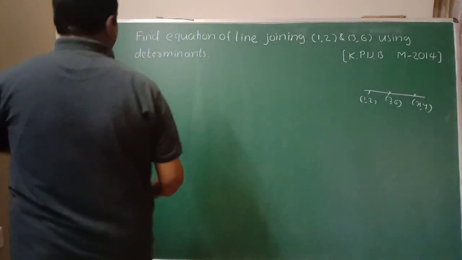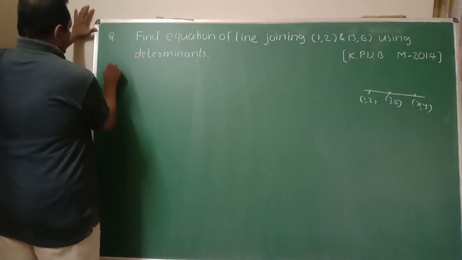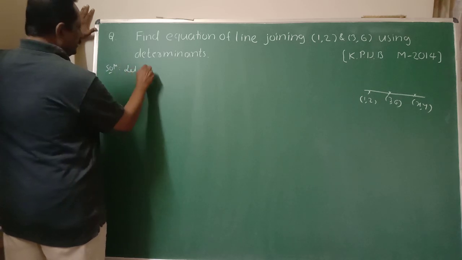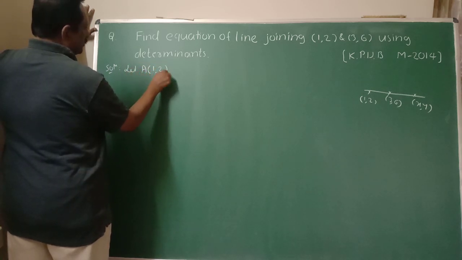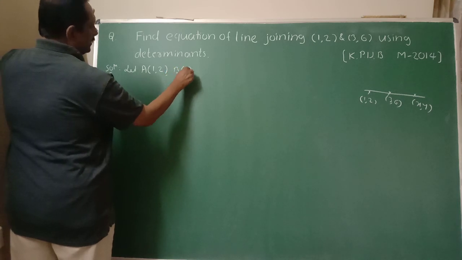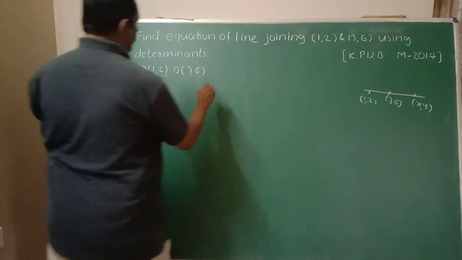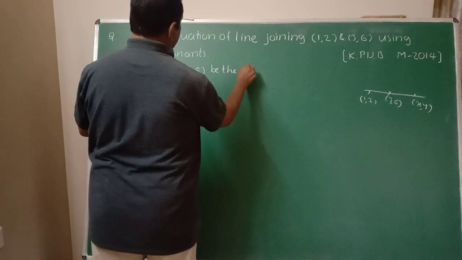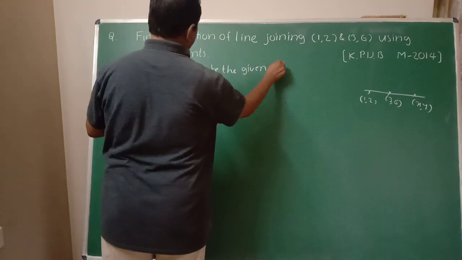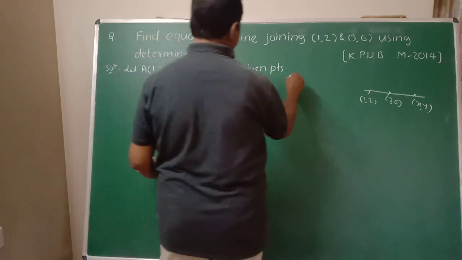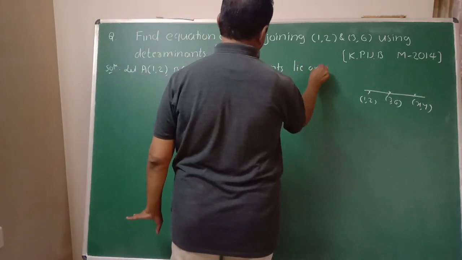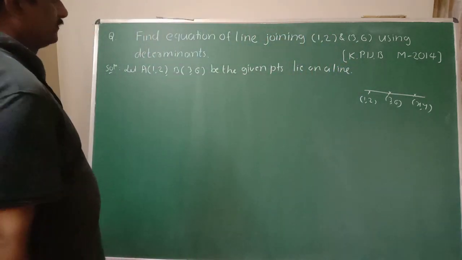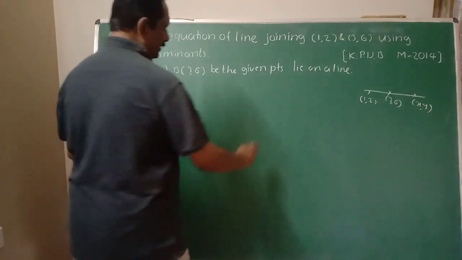Therefore, let A (1, 2) and B (3, 6) be the given points. The points lie on the line here.